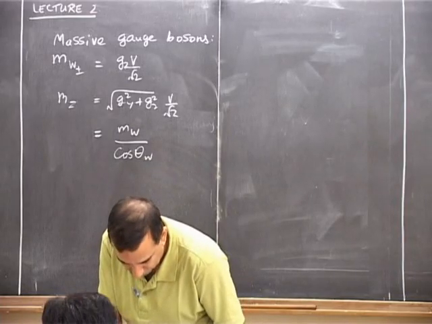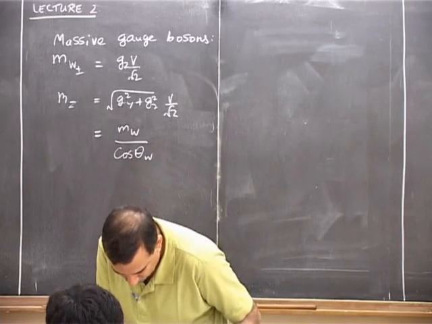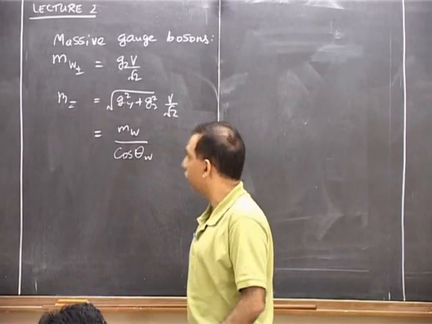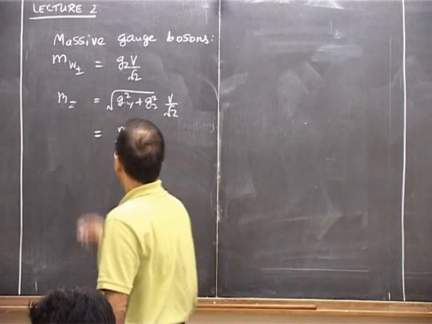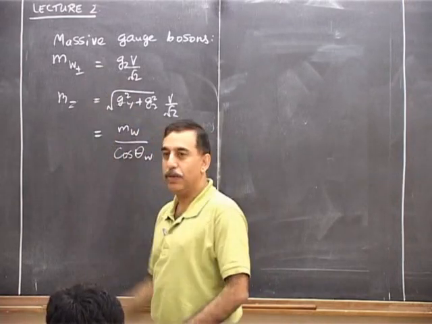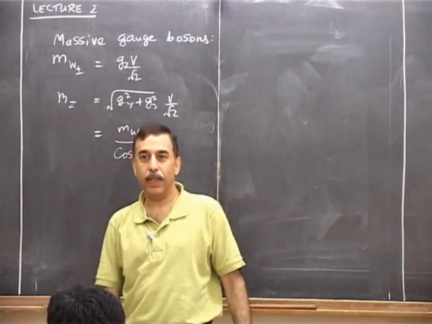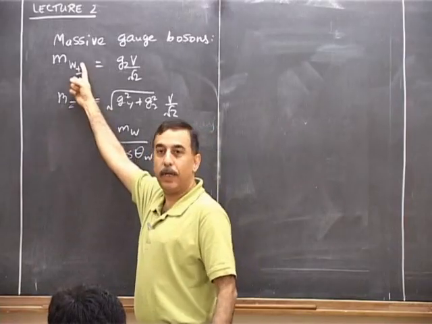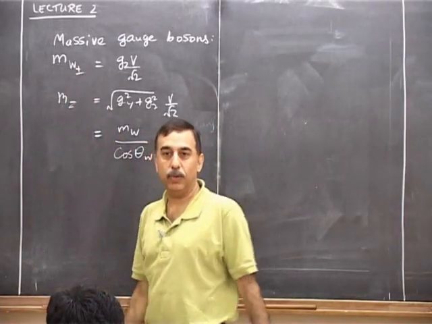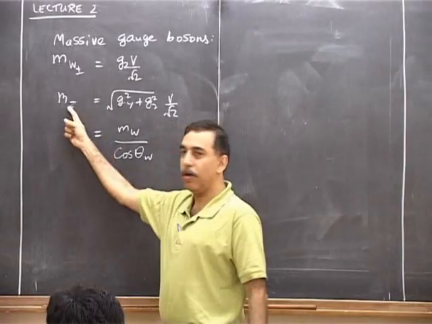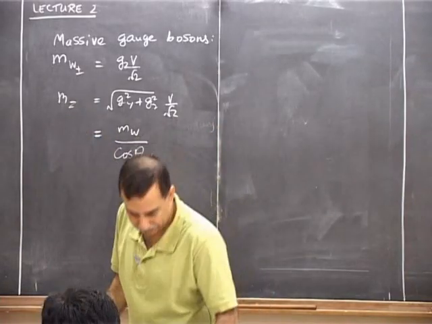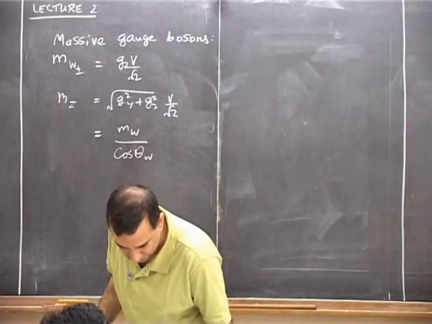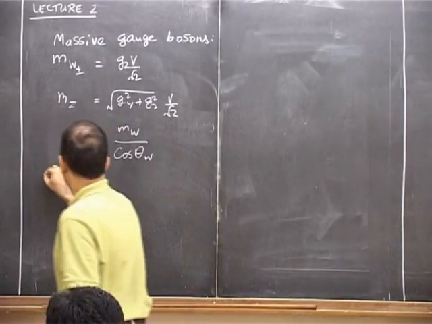We defined the Weinberg angle last time. So these were the two things we concluded from last time, and this takes care of 3 of the 4 gauge bosons from SU2 cross U1, namely the W plus, W minus, or W1, W2, it's the same thing. And Z is not W3 and it's not B, but it's a linear combination of W3 and B. And another linear combination of W3 and B is massless. So let's just review that.